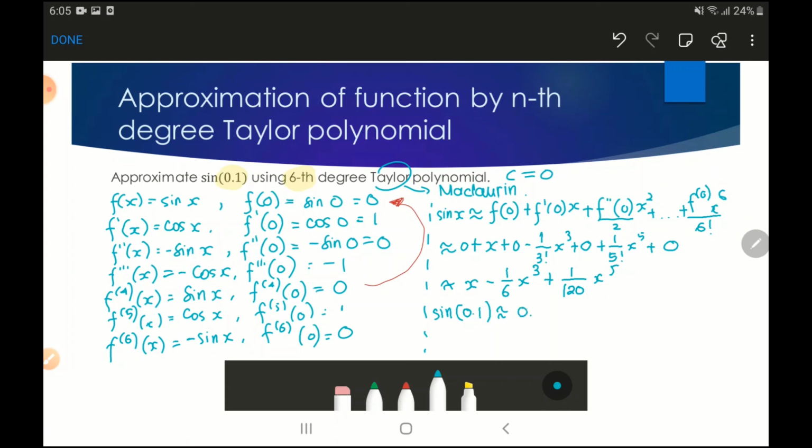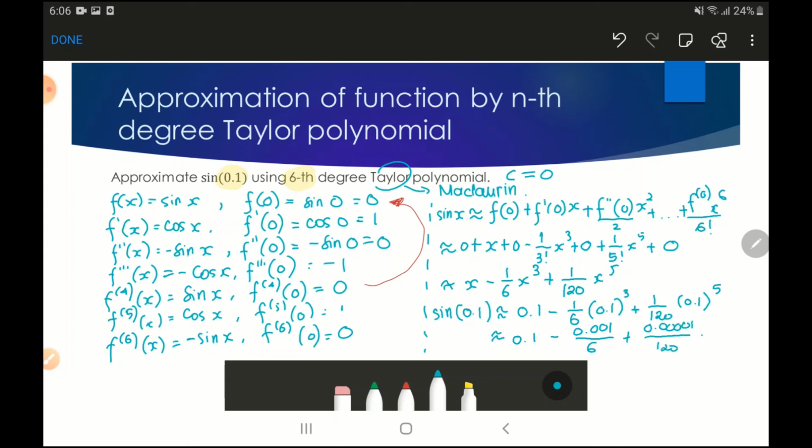So we have 0.1 minus 0.1 cubed over 6, plus 1 over 120 of 0.1 to the power of 5. So we have 0.1 minus 0.001 over 6 plus 0.00001 over 120.